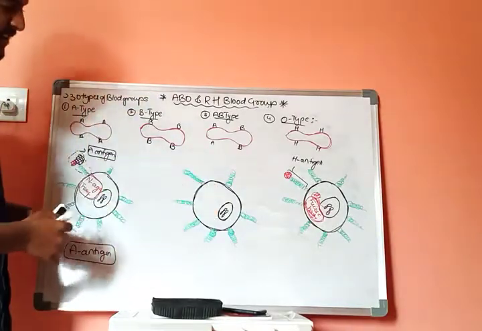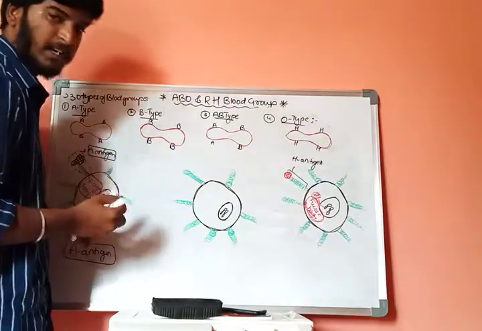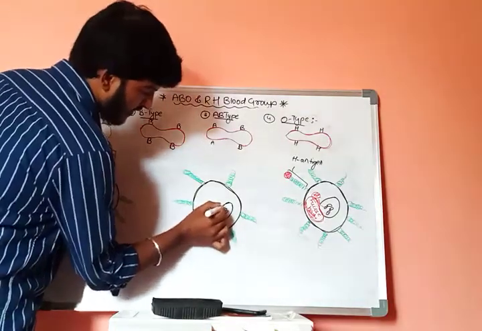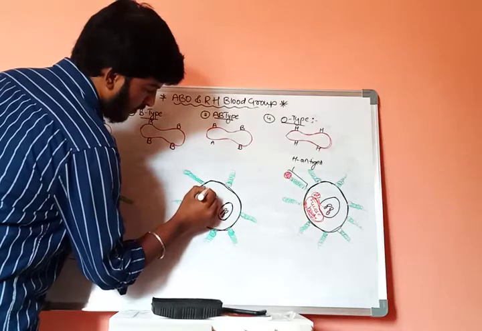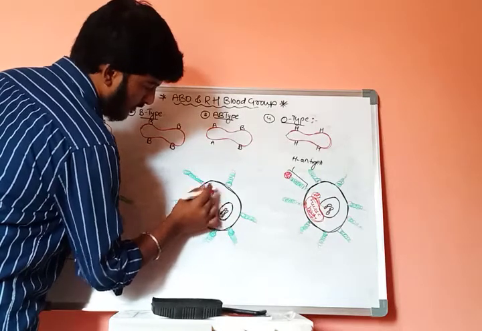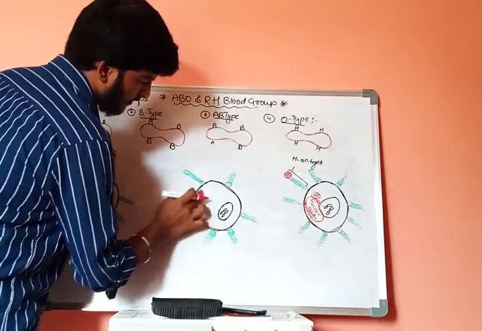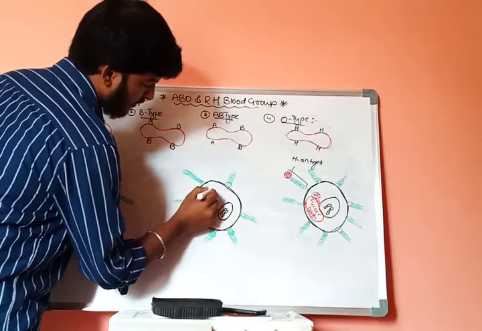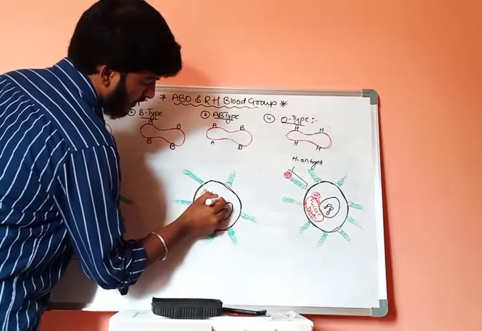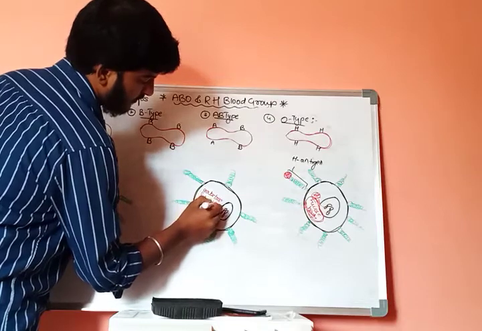These are the oligosaccharides. Now, this ninth pair of chromosome contains a special type of enzyme, that is galactose transferase.